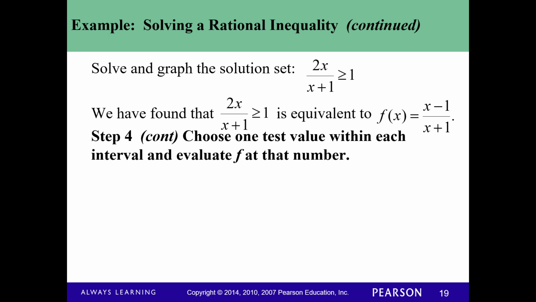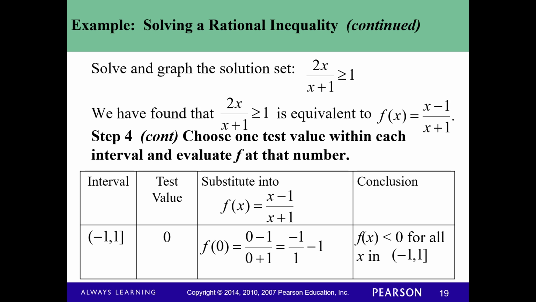Now we're going to check another point. When we plugged a test point into the center interval, the middle interval, f of 0 turned out to be -1. So because we got a -1 in the end, we can say that f of x is negative for every x in that domain.